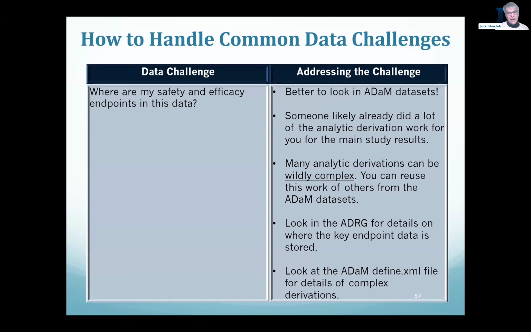And then you've got to go find out what they did on the ADaM side if you've got the ADaM data sets too. You can't just know. There's no standard CDISC data set that says my primary endpoint is here. That doesn't exist. So it can be a little bit frustrating, and I get that. But you need to know the study to know where to look in the SDTM and the ADaM data sets.